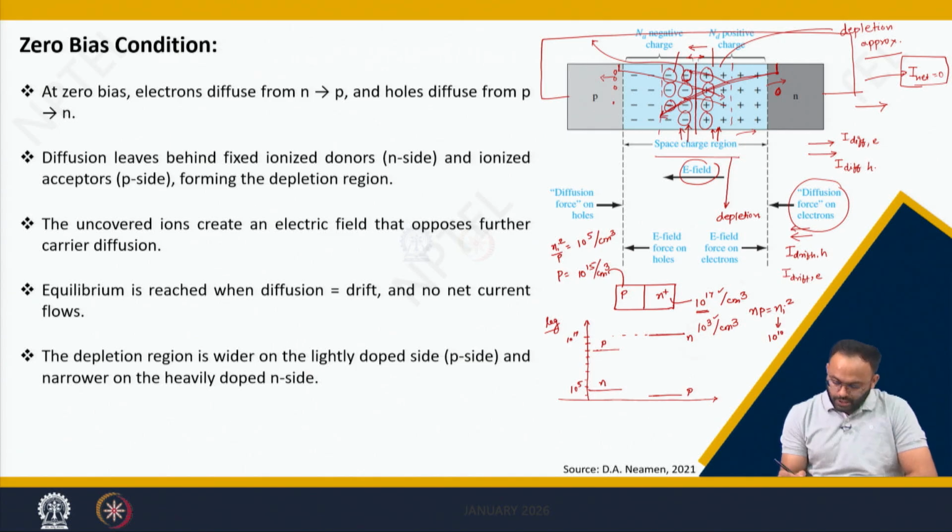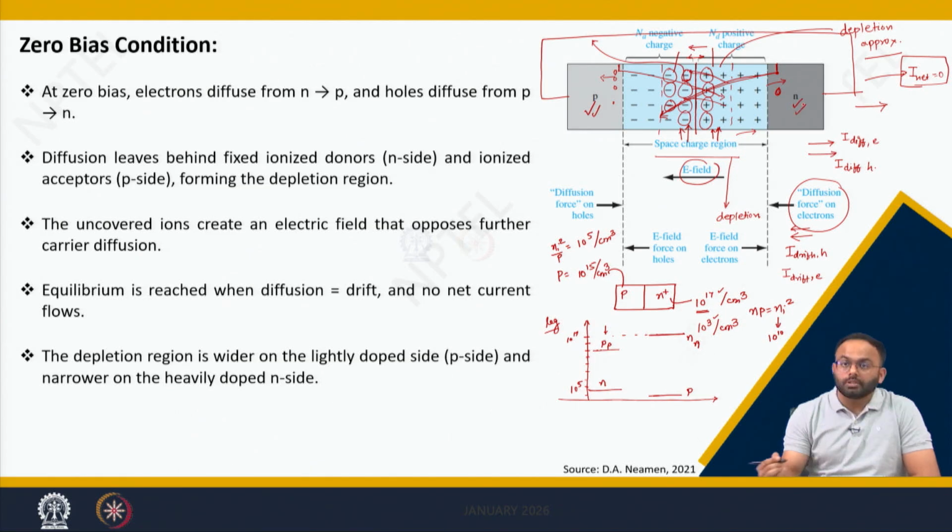Now if you see, we have the same symbols to show p, n, p, n. So to avoid confusion, we need to add a subscript. The subscript says which region the carriers belong to. So p_p stands for holes from the p region, n_n stands for electrons from the n region, p_n for holes from the n region, and n_p for electrons from the p region.